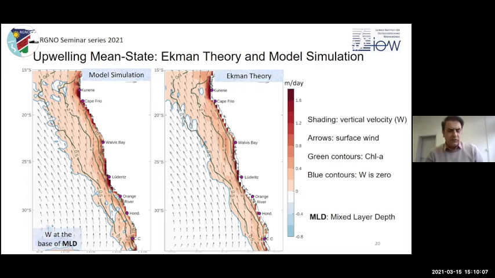And the model we use, we are lucky because this parameter is computed by the model itself. It is one of the outputs of the model. And we consider upwelling just below the mixed layer, because above that we have mixing. That's why we consider the base of the mixed layer as the estimate of upwelling.